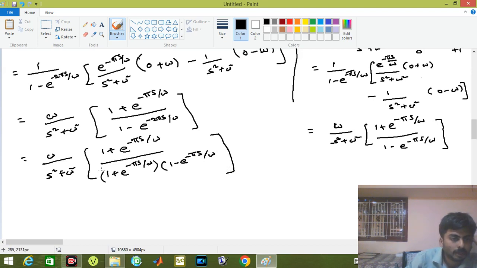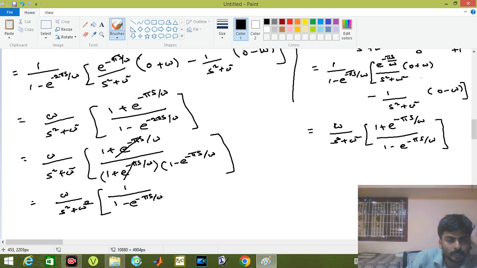Okay, here both 1 plus e power of minus pi s by omega will get cancelled, so you will get omega divided by s square plus omega square of 1 divided by 1 minus e power of minus pi s by omega. So this is your answer.